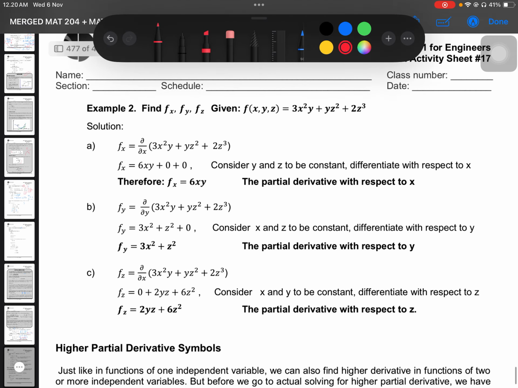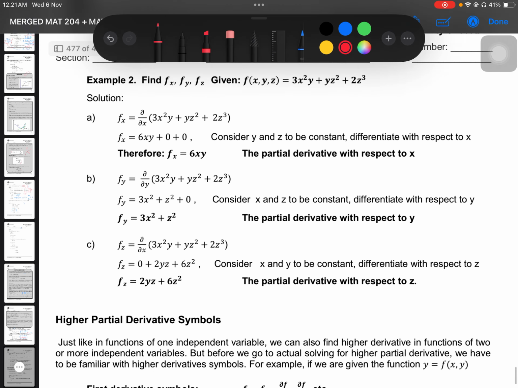So, next naman natin is this one. Okay, so same process. So, dito, tatlo naman yung letters niya. So, ibig sabihin, kung nagde-derivative ka muna sa x, then y and z are considered as constant. Okay?